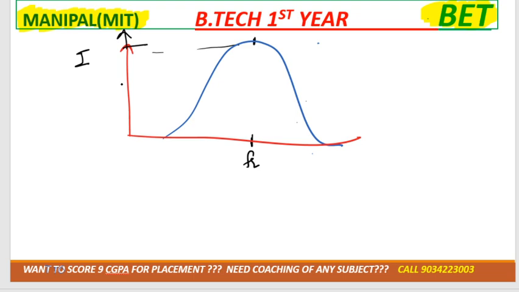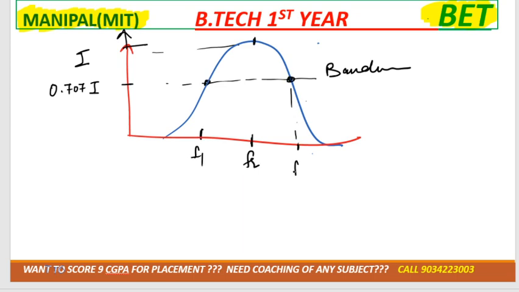So basically we measure bandwidth at a particular point, at 0.707 of I. At this point we measure bandwidth. This is the bandwidth. The point where it cuts off here is F1, and the point where it cuts off here is F2. So F1 is the lower cutoff frequency, F2 is the upper cutoff frequency. In Manipal they'll never ask for the graph, so that's why I didn't go into it. They'll ask you numericals directly based on this.